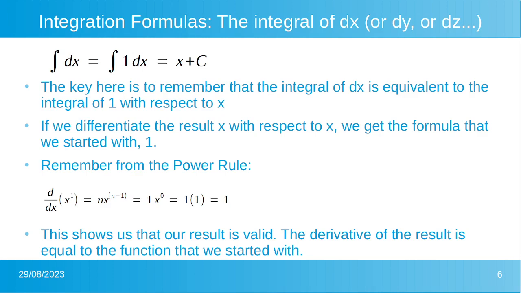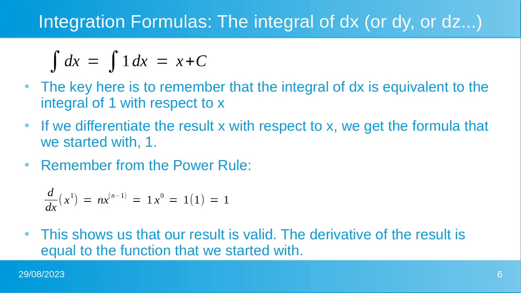If we differentiate the result x with respect to x, we get the function that we started with, 1. If we remember from the power rule, the derivative with respect to x of x raised to the power of 1 is nx, where x is raised to the power n minus 1. In this case, n is equal to 1.